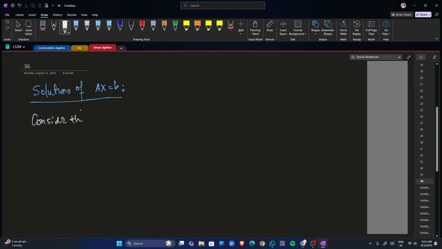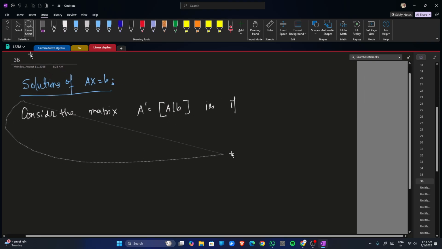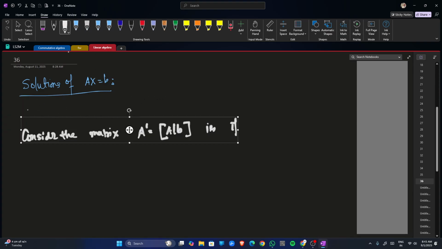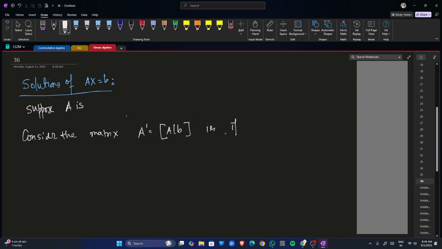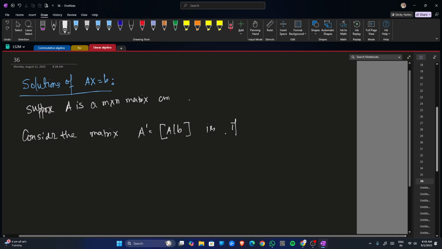Consider the matrix A dash. Suppose A is a matrix, it could be the imperfect matrix.